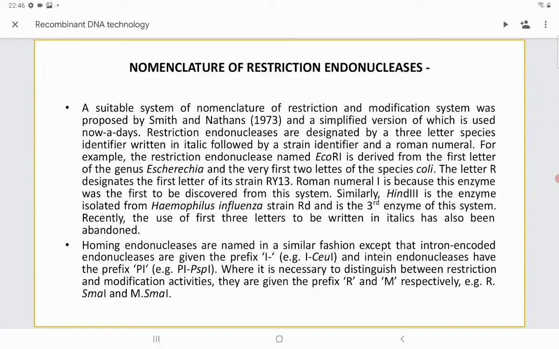E is the first letter of Escherichia, and the later two letters, co, are derived from the species coli. The letter R is derived from the strain RY13, and the Roman numeral I is because this enzyme was probably the first to be discovered in the system.